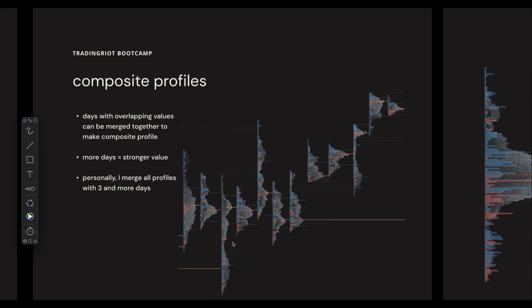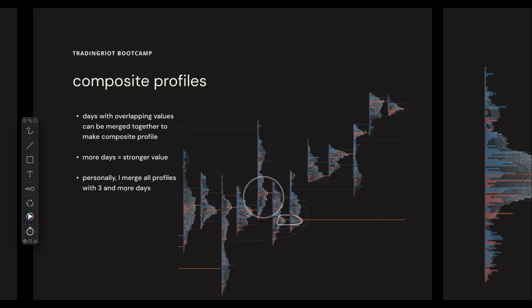Okay, so when the value here with POC is sitting at the same level as the prior ones, you can merge them. Another one, once again, the POC didn't move. We shifted POC a little bit to the upside here, even the value, but I would still say that the main distribution is holding inside this whole area, and these 2 days are also clear for merging.